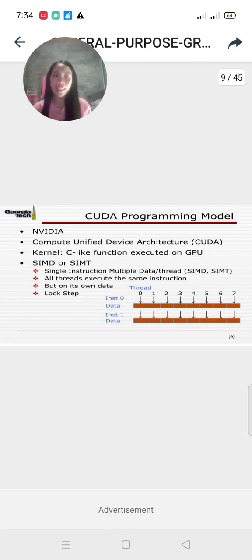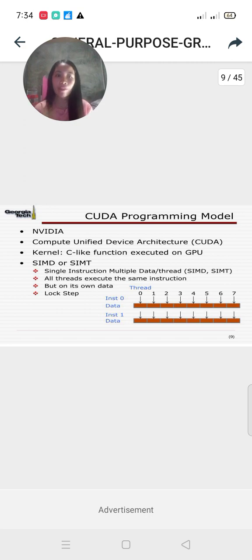CUDA for GPU accelerates a wide variety of applications, including GPU AI, computational science, image processing, numerical analytics. The CUDA toolkit includes GPU-accelerated libraries, a compiler, programming guides, API references, and the CUDA runtime.